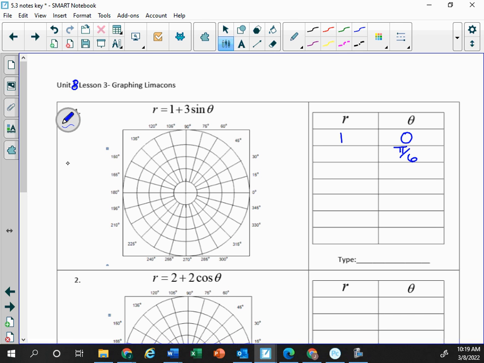So what do I get for r then? 2. Okay, what's 3 times 1/2? 3 over 2 plus 1. 5 over 2 or 2.5, right? Either way.